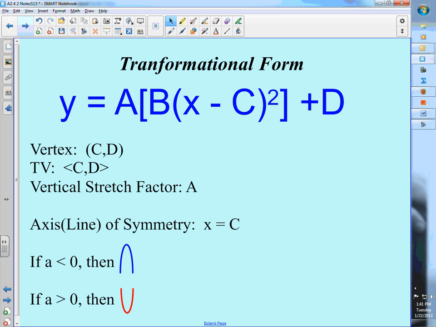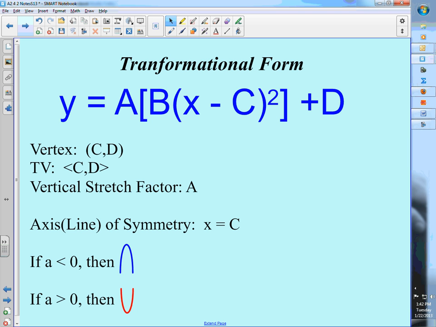We talked about transformational form. We've done transformational form with x squared, x cubed, square root of x, cube root of x, and what was the other one? Absolute value of x. Your vertex is (c, d). Your translation vector, also c, d. This is an ordered pair with parentheses. This is a translation vector with vector notation. The vertical stretch factor is a.